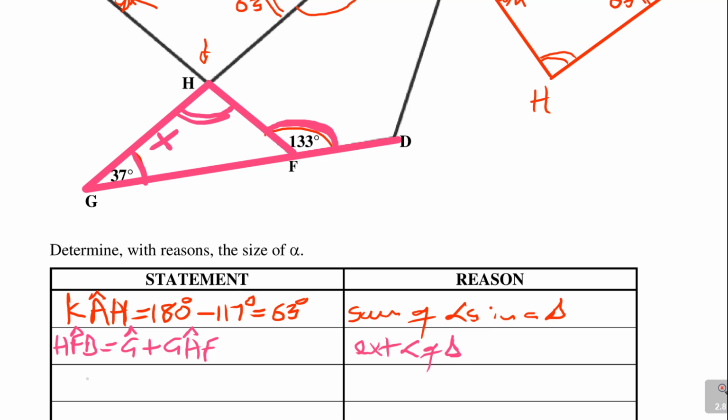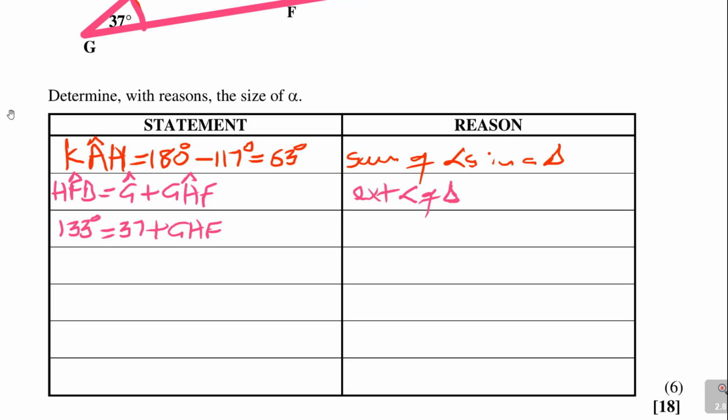Then from there, what do you do? You've got 133 degrees is equal to G, which is 37. Are you getting that? Plus GHF. So what you do, I hope there is still enough space. Yes. You take 37 to the other side. So 133 minus 37 is equal to angle, because we want that, angle GHF.